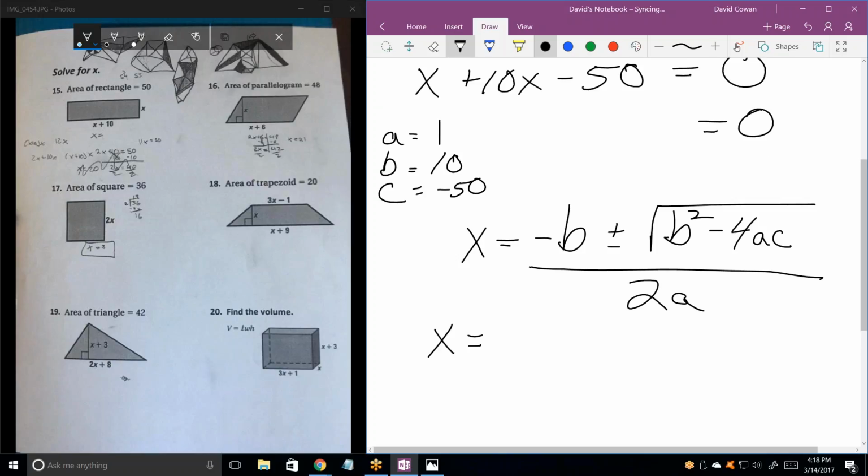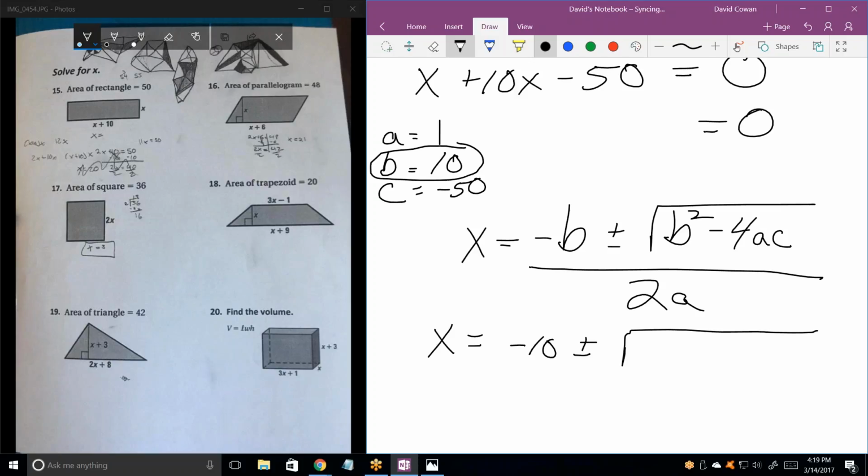What's minus b? That'd be, would that be positive 50? There's b right there. What's minus b? Oh, b. Okay, sorry, yeah, 10, negative 10. Negative 10. Plus or minus the square root, what's b squared? 10 squared. 100.